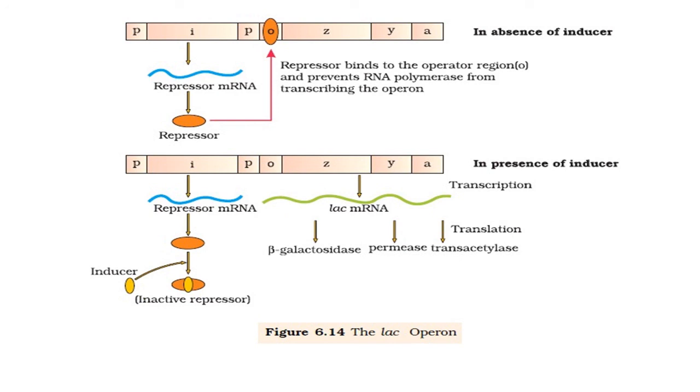So this allows RNA polymerase access to the promoter and transcription proceeds. As you can see in this figure also, how does it initiate or induce? Essentially, regulation of the lac operon can also be visualized as regulation of enzyme synthesis by its substrate.